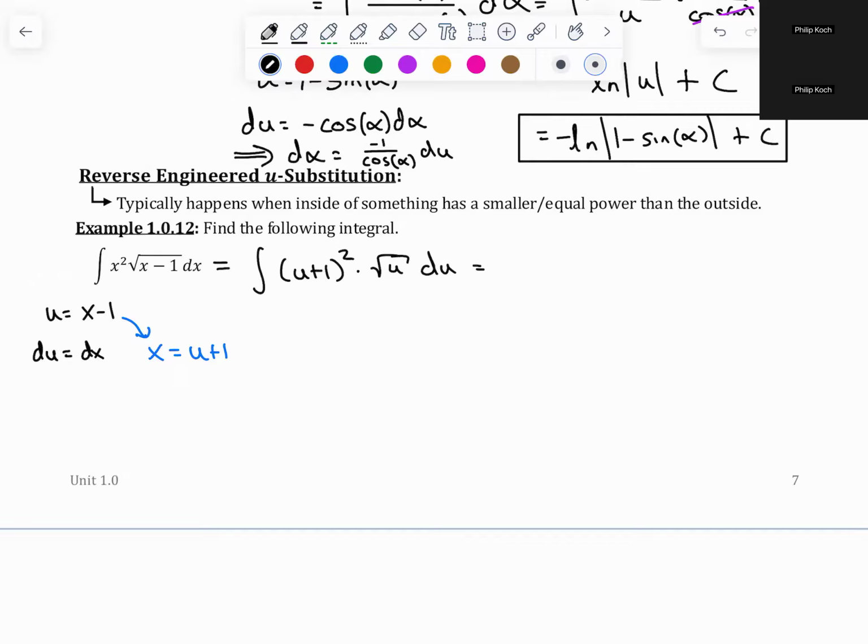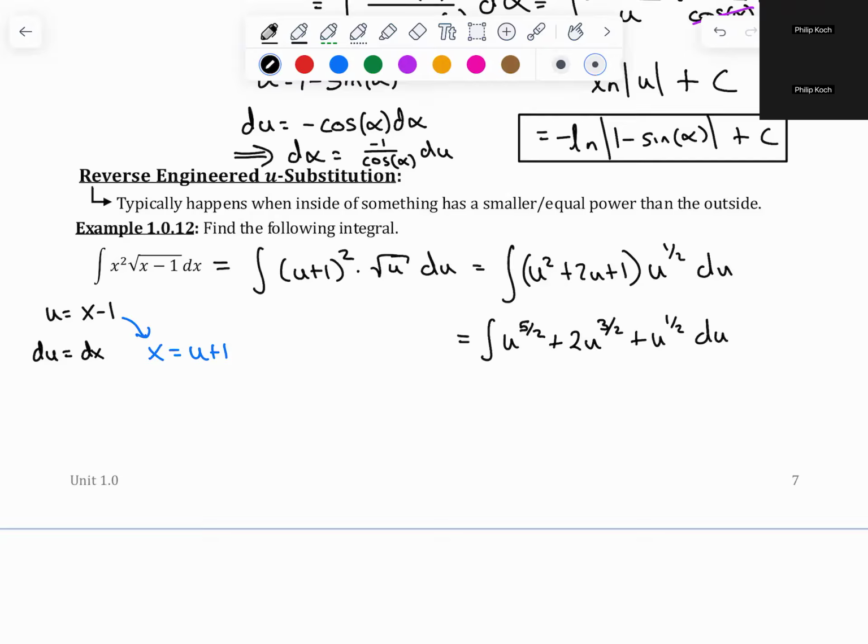This is going to be the integral of u squared plus 2u plus 1 times u to the 1/2 du. And we've got to distribute that u to the 1/2. U to the second power times u to the 1/2, that's u to the 5/2, plus 2u to the 3/2 plus u to the 1/2 du.